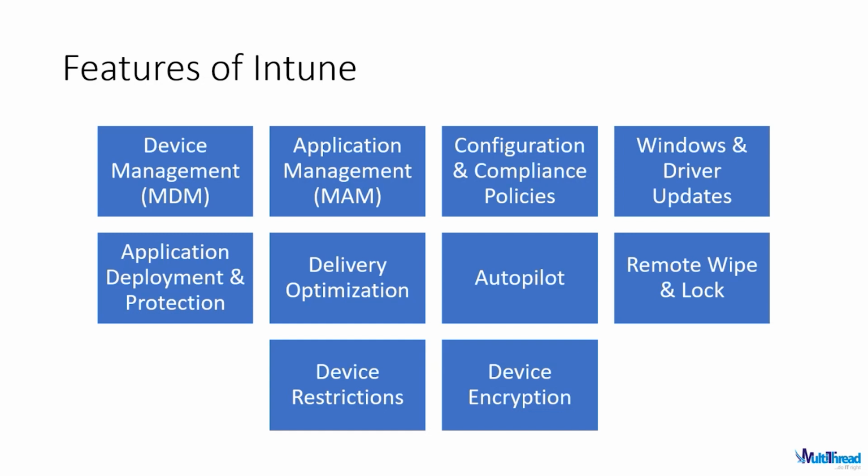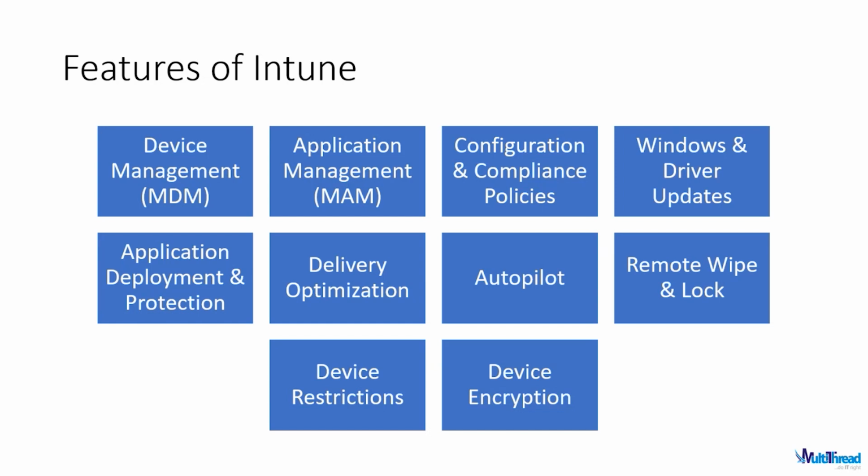As an admin, you can restrict that functionality from Intune and apply it to all these devices. So even if the user slots a pen drive into a company-owned device, it will not work. There are other settings that you can restrict in Intune, so we'll take a look at that.